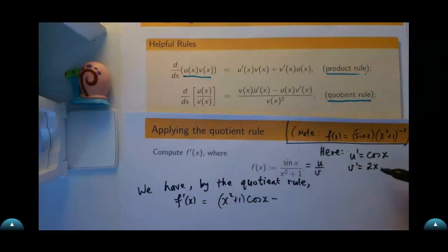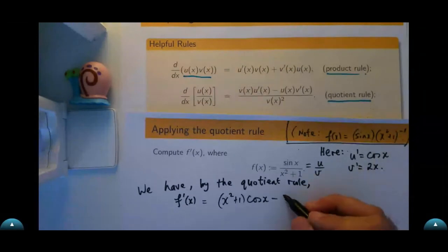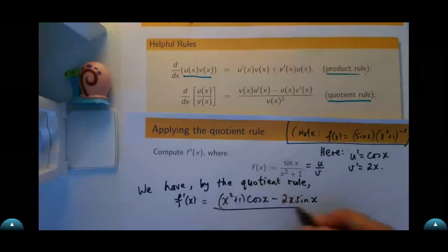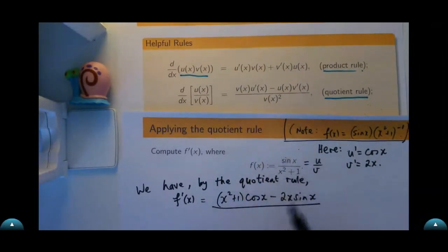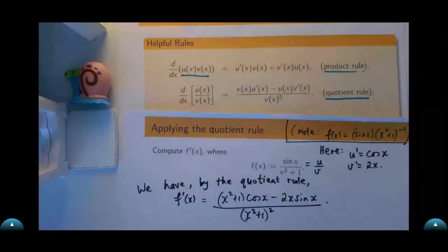So u is sine x and v dash is 2x. And that's all going to be over v squared. So you square the denominator. That's it.